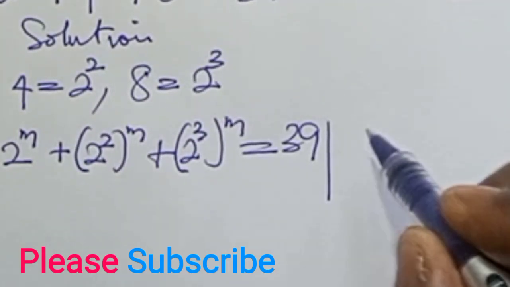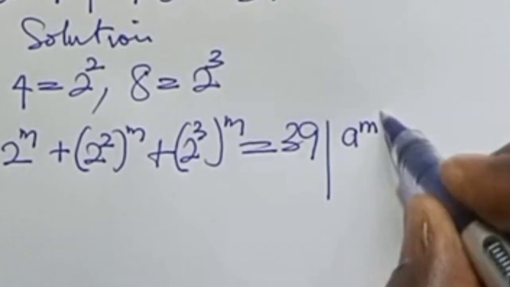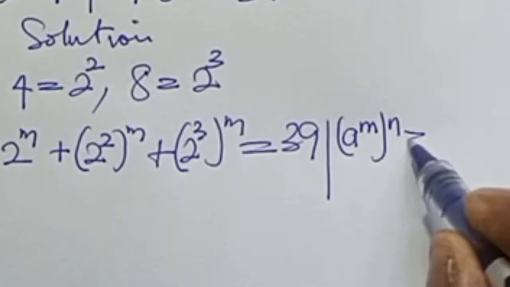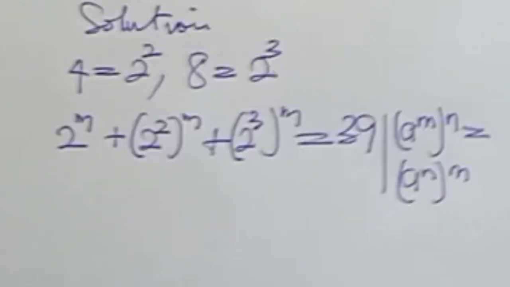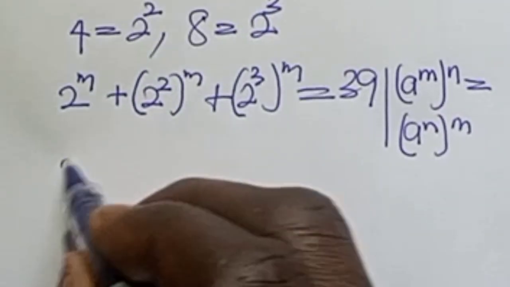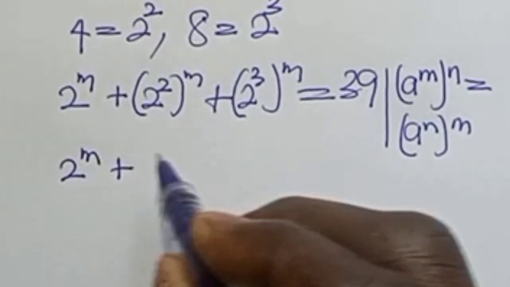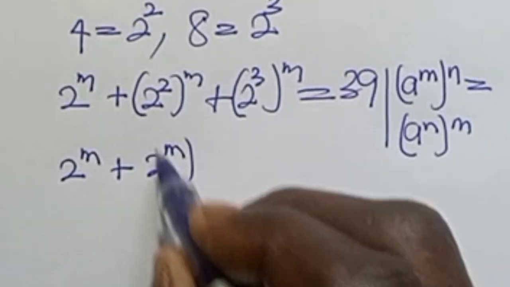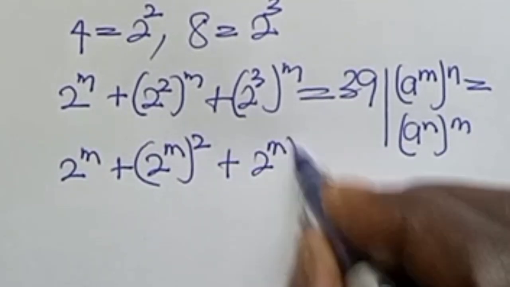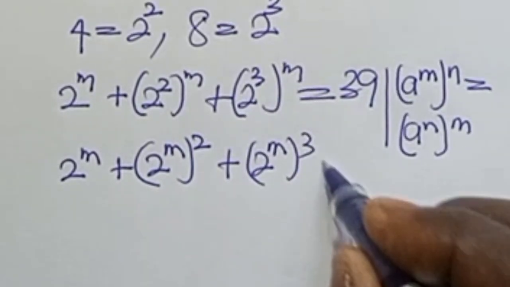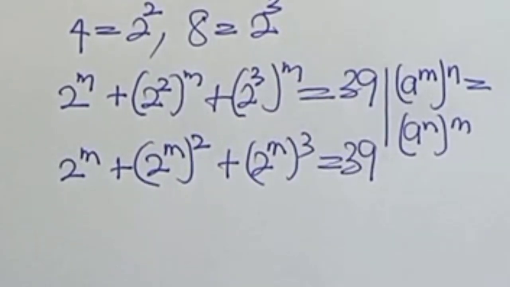We're going to remember the fact that when a raised to power m, raised to power n, is the same thing as a raised to power n times m. Here, our equation will become 2^m plus (2^m)^2 plus (2^m)^3 equals 39.